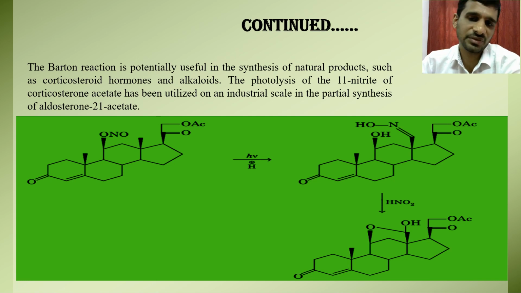This carbon atom, which is attached to the nitrogen atom, will undergo cyclization with the hydroxyl moiety present at the 5th carbon atom or 5th position. So there will be cyclization of the delta oxygen atom along with the carbon atom, and we will obtain aldosterone 21 acetate.